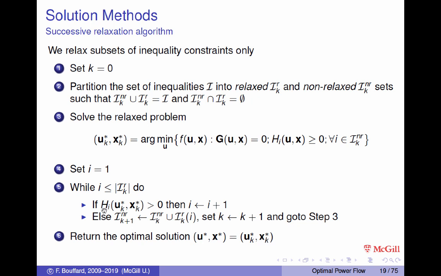If we do have a violation, meaning that h_i of (u_k*, x_k*) is less than 0, then we add the current relaxed constraint to the non-relaxed set and update. You do this in a loop until you have no more violated constraints, and at the end you return the current solution in step 6.